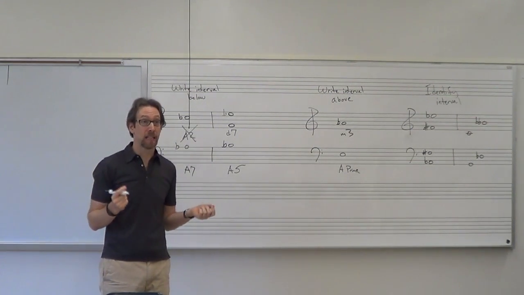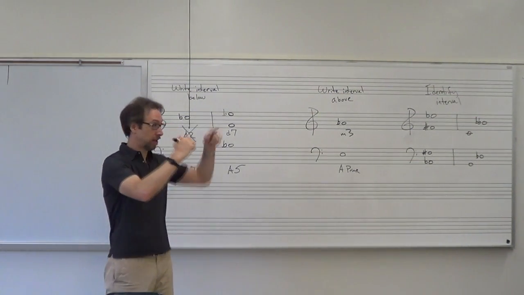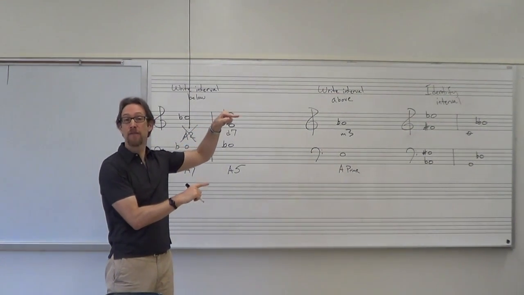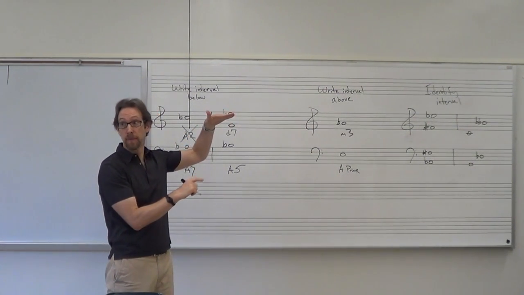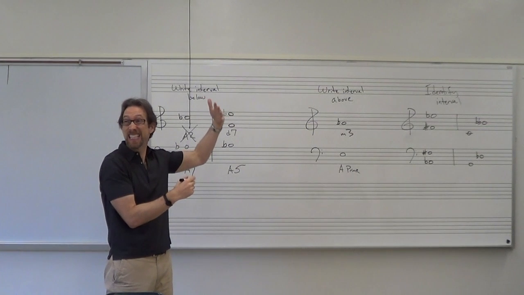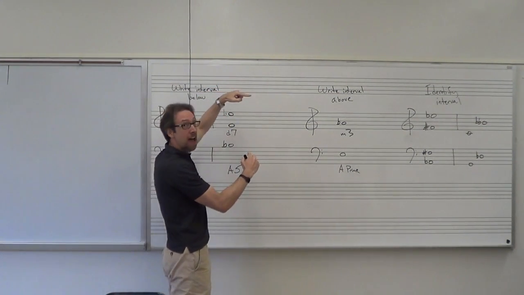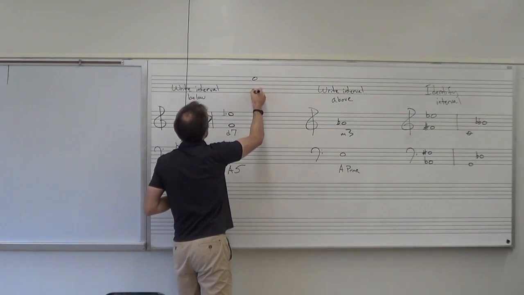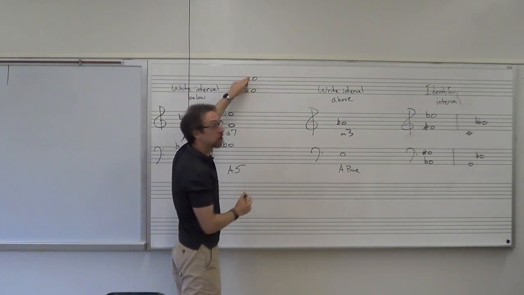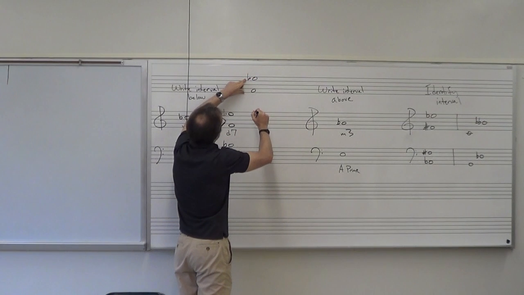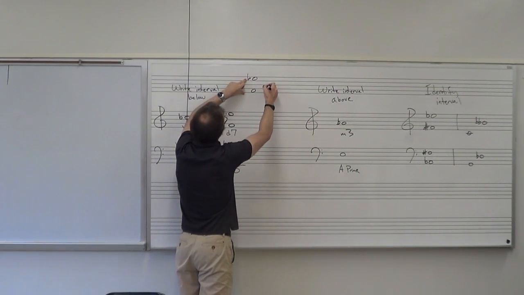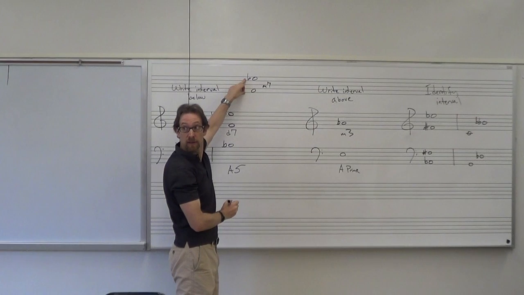The question we ask is, is E, the top pitch, in the F major scale? E flat, rather. The answer is no. It's E natural. So if E to F is our major 7, that E flat makes it our minor 7.